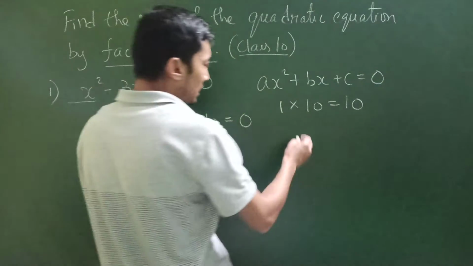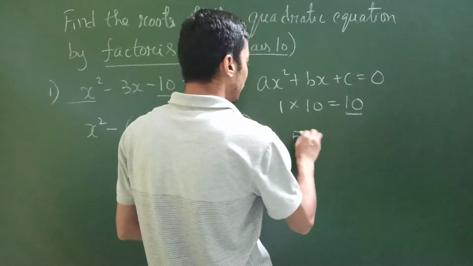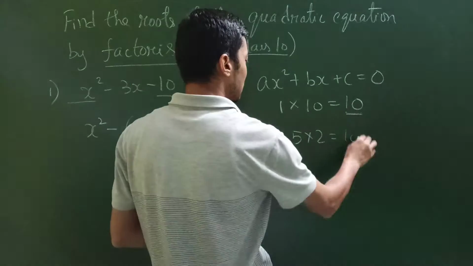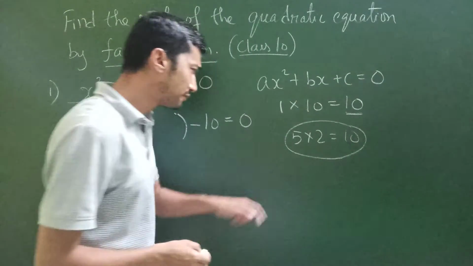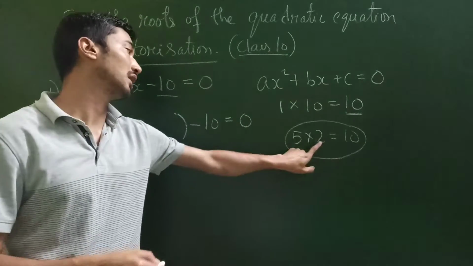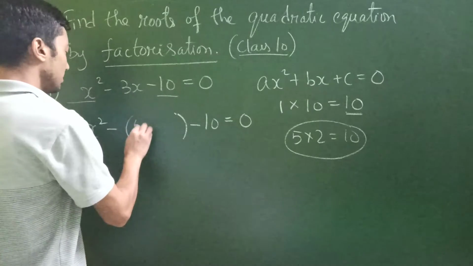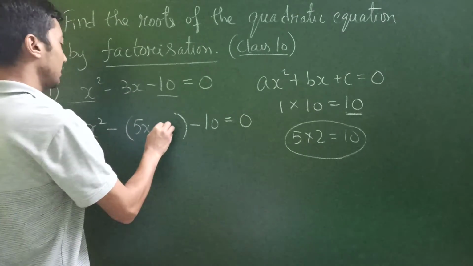So we have to change the factors. 5 into 2 is also 10. 5 plus 2 is 7, we don't get it. But 5 minus 2 is 3. Exactly.